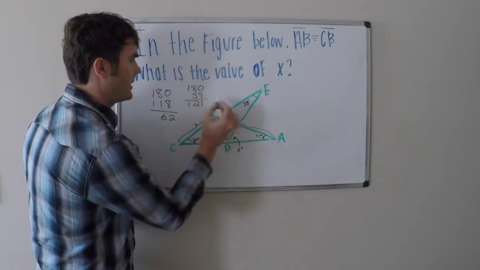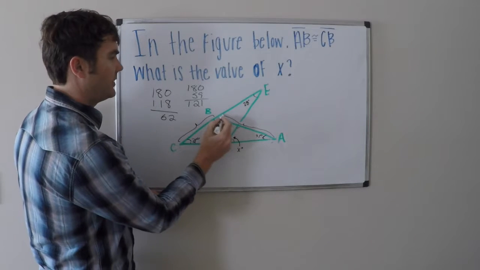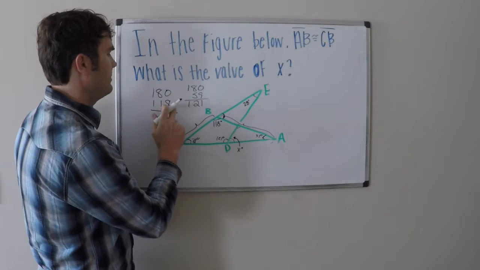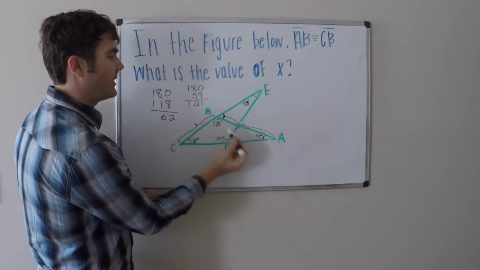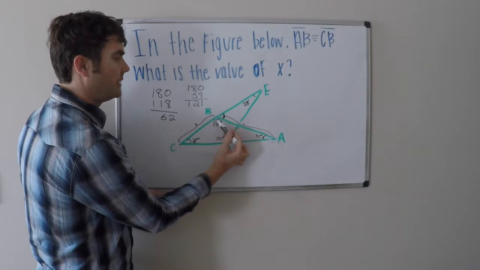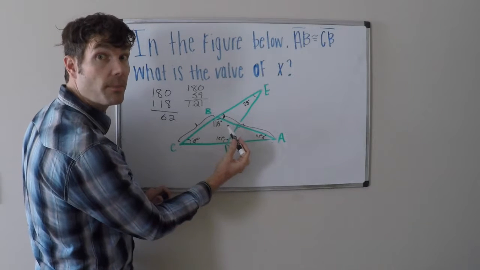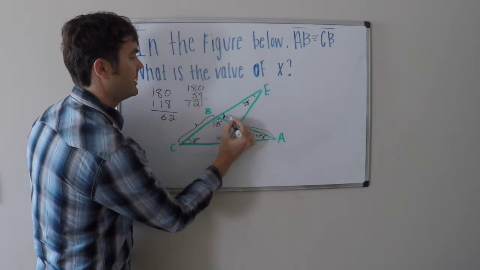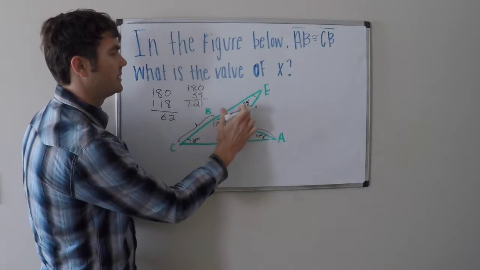So from this, actually right here, what I'm going to do is figure out this angle. And 180 minus 118, I've already done this math. Notice these two angles are a linear pair, so they're supplementary. So 180 minus 118 is 62. So that angle there is 62 degrees.